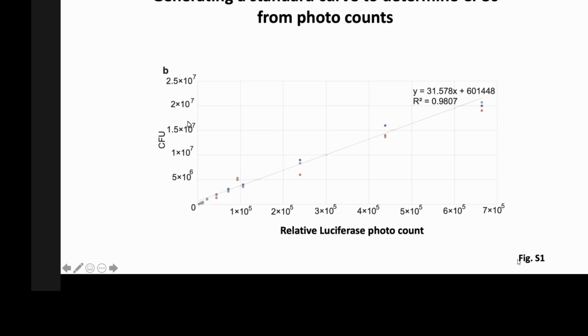So here they added known amounts of bacteria, this is CFU, and then measured the relative luciferase photon count. So the idea is that when they set up their gnotobiotic system and get their luciferase count, they're able to extrapolate and then get the CFUs.